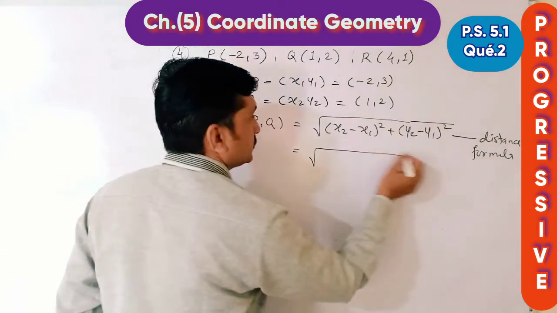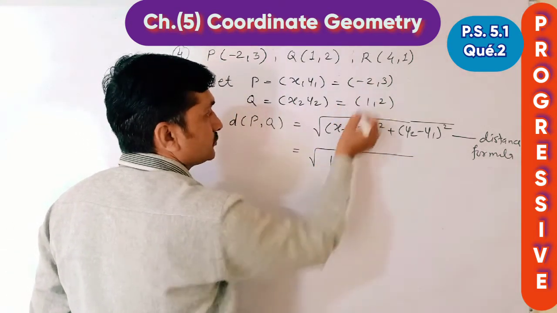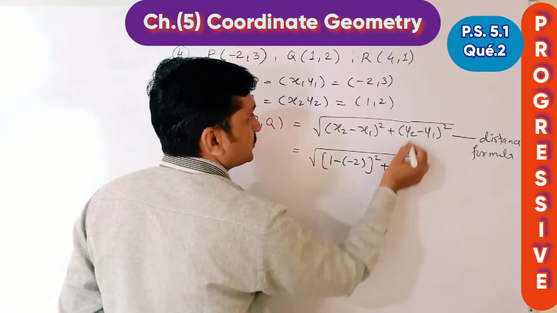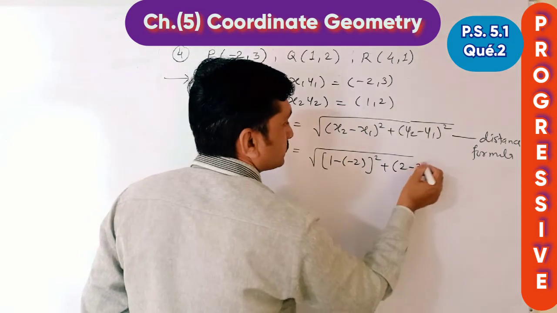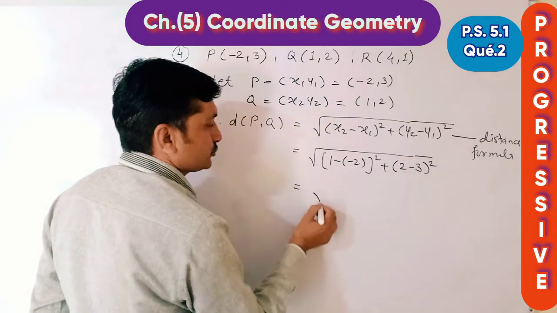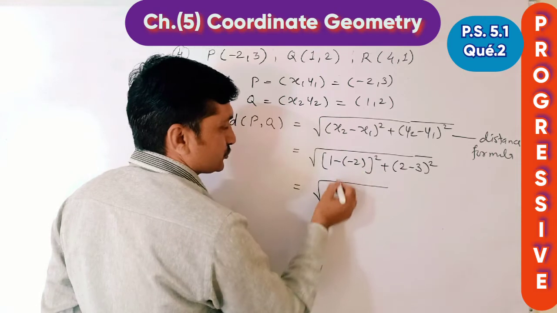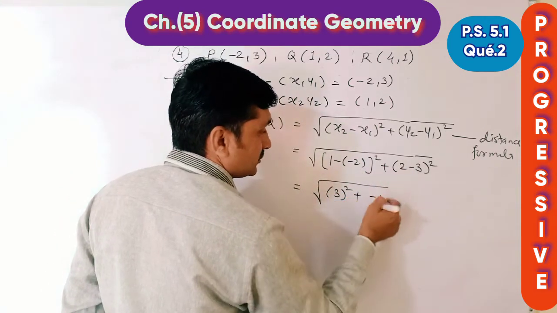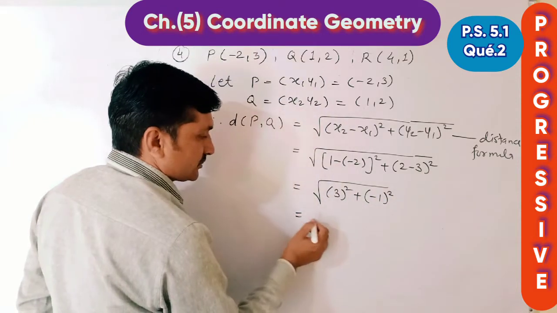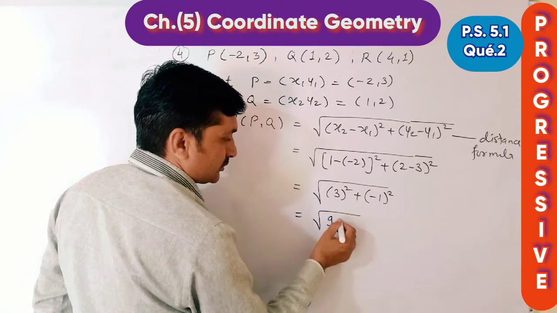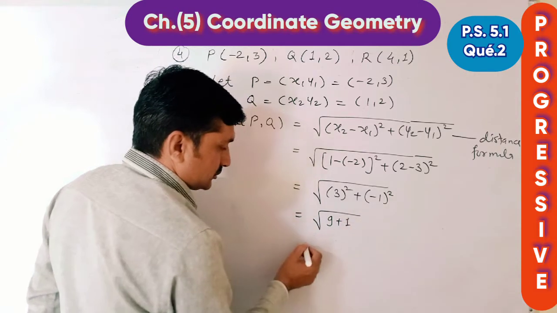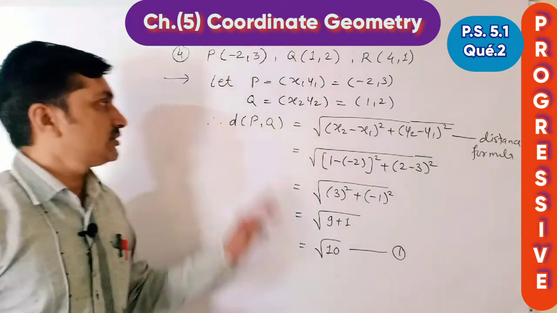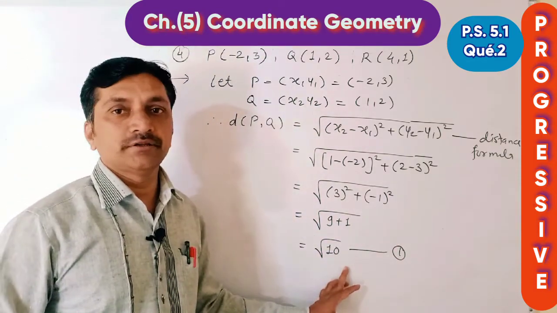Put values: (1 - (-2))² + (2 - 3)², which is square root of 3² = 9 plus (-1)² = 1, equal to root 10. Number 1, distance PQ is equal to root 10.